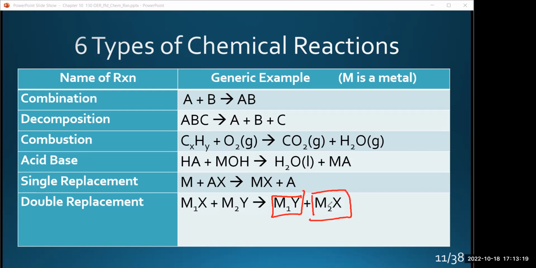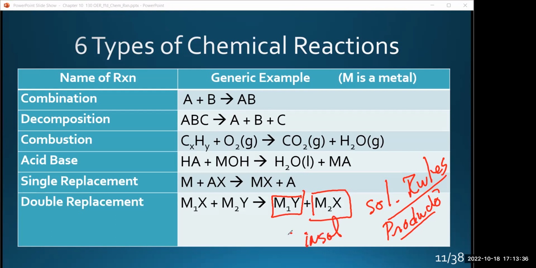It's just a partner exchange. And then depending on the solubility rules for the products, it determines whether you have a positive reaction. If one of these products is insoluble, then you have a positive reaction. If both of the products are soluble, no reaction, okay?